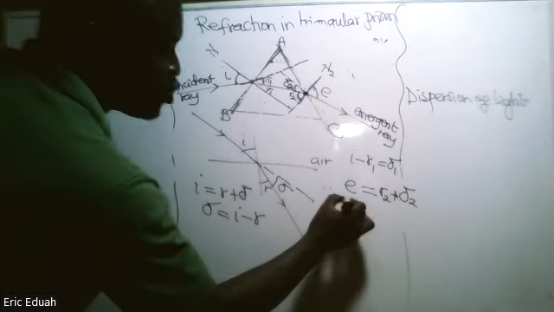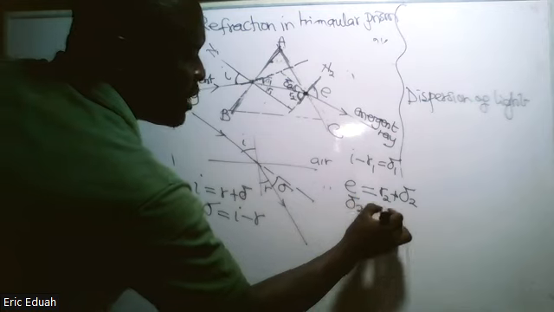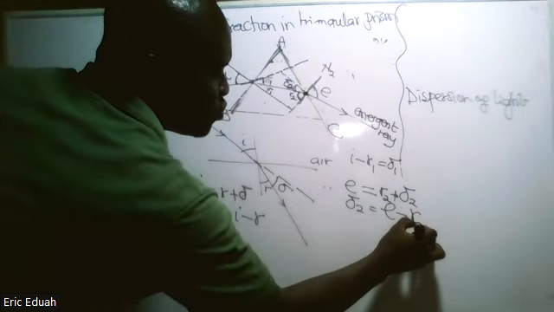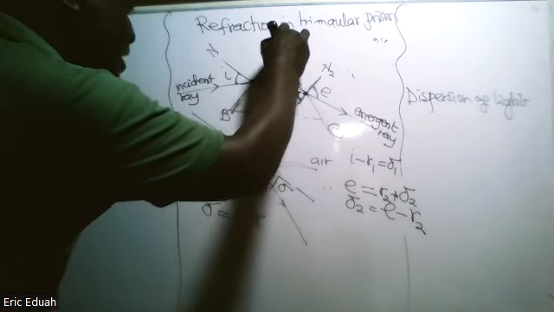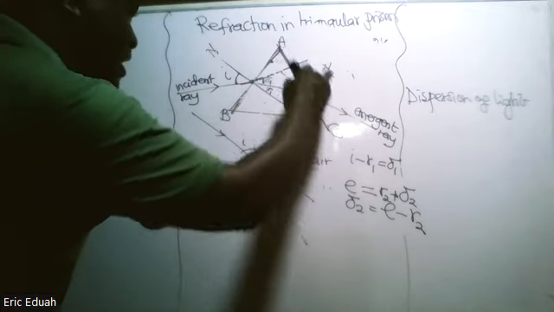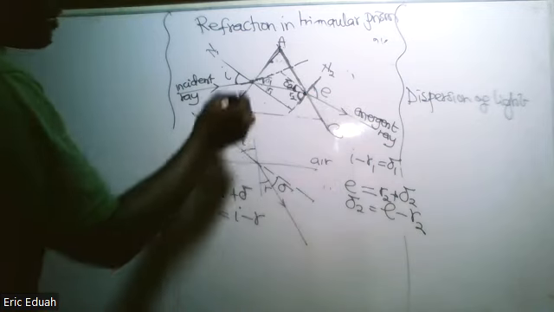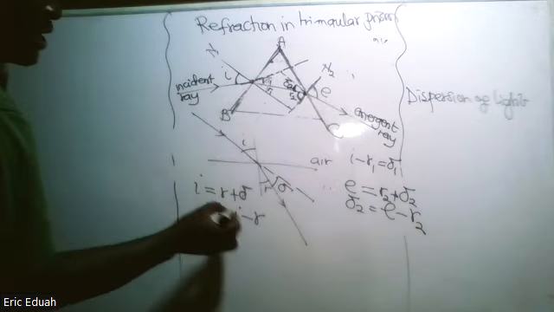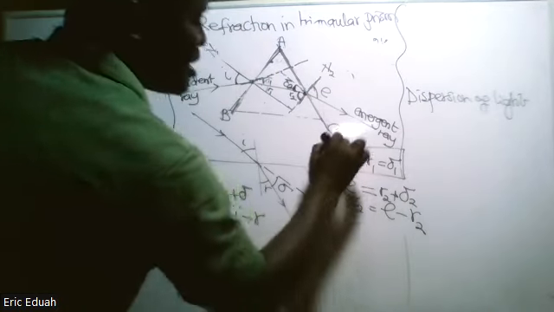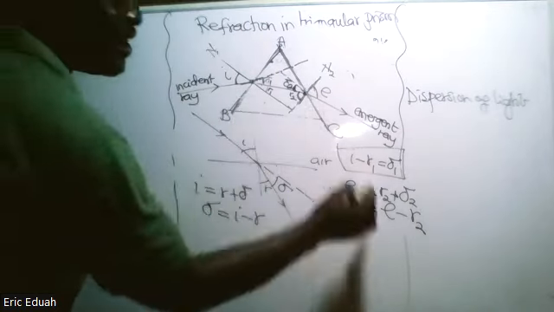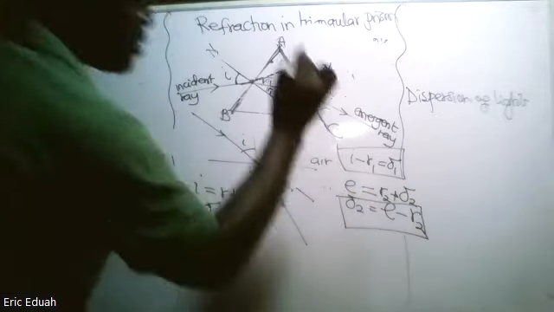When you make sigma 2 the subject, you have E minus R2. This is the expression for the second deviation which occurs at AC. AB's deviation is this. AC's deviation is this.